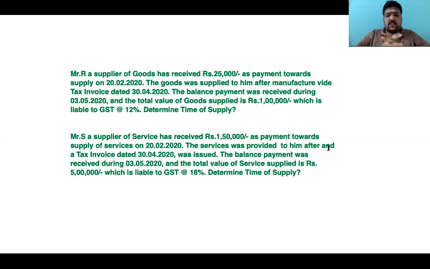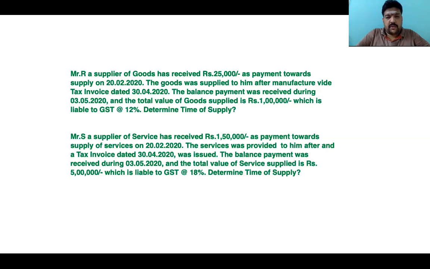The service was provided to him and a tax invoice dated 30/4/2020 was issued. The balance payment was received on 3/5/2020. The total value of supply is rupees 5 lakhs, which is liable to GST at the rate of 18%.